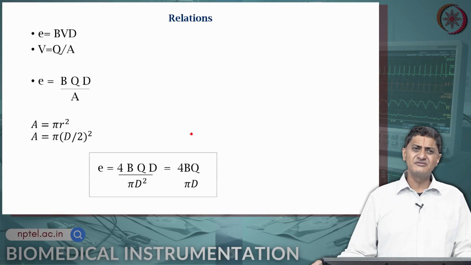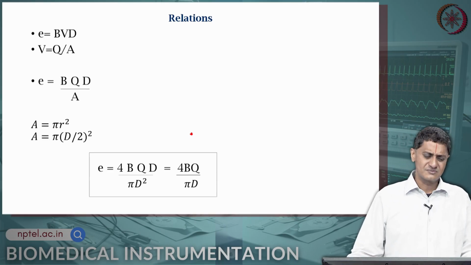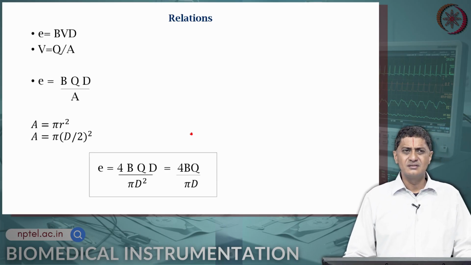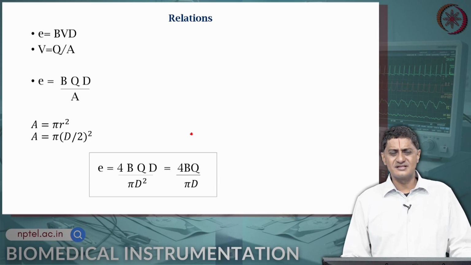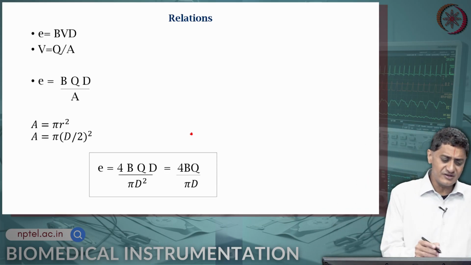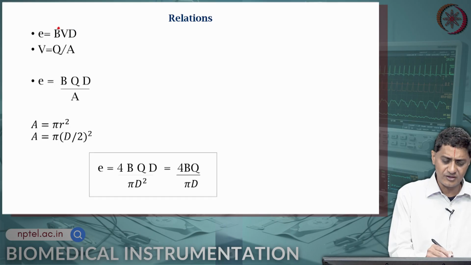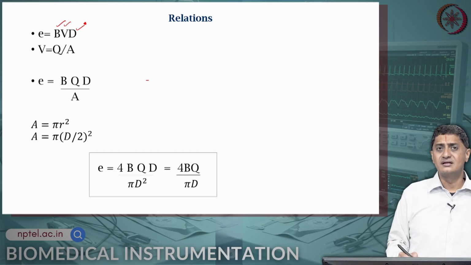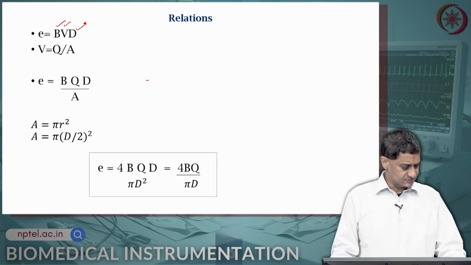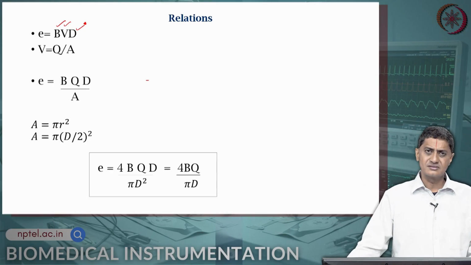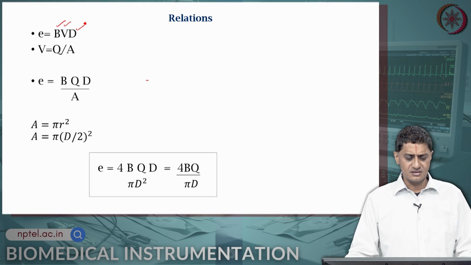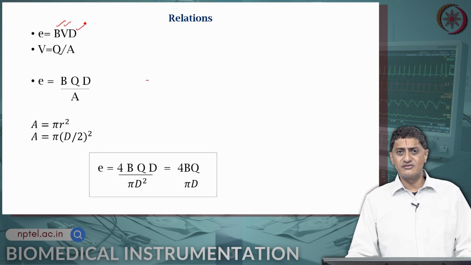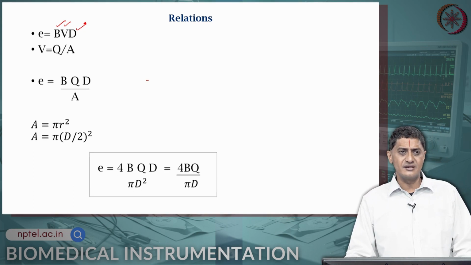So, these are some of the relations of interest. These relations are self-explanatory. The induced EMF E is essentially the product of the magnetic flux density, the velocity and the diameter d, and the velocity is essentially the flow rate divided by the cross sectional area.